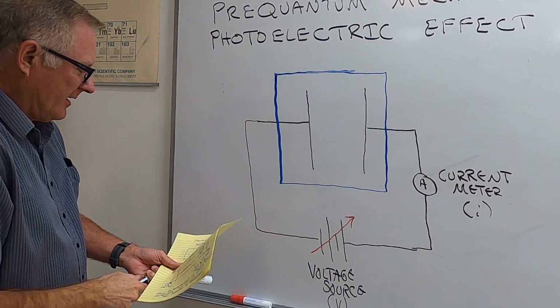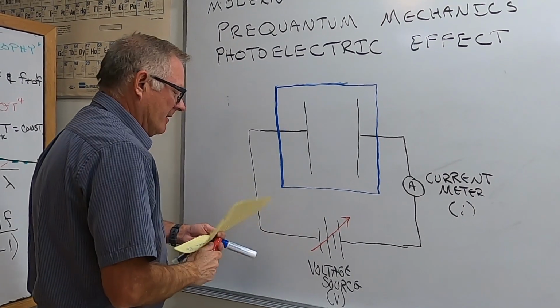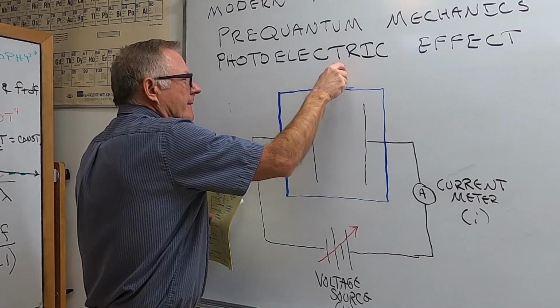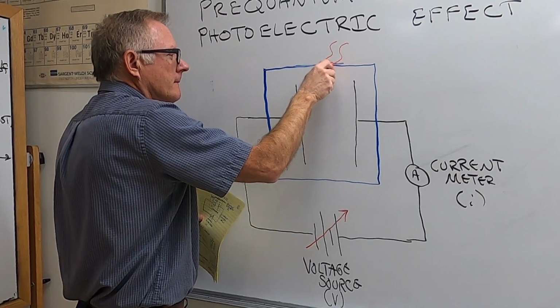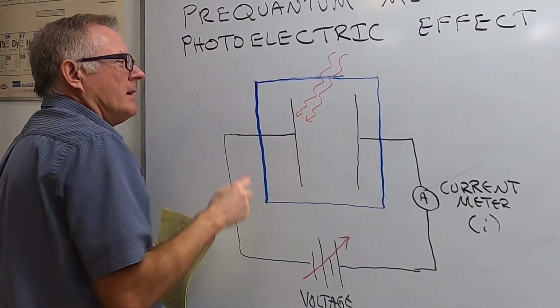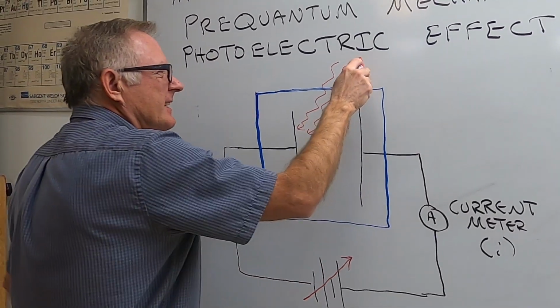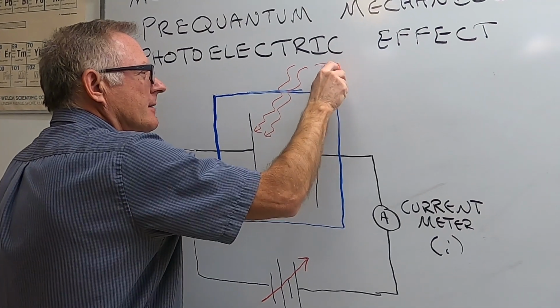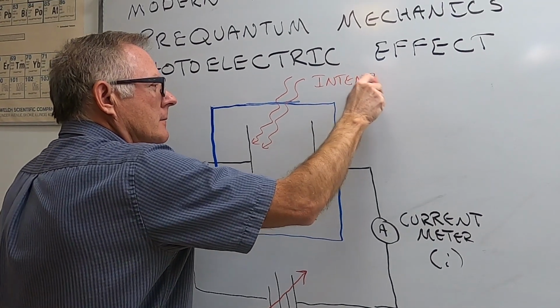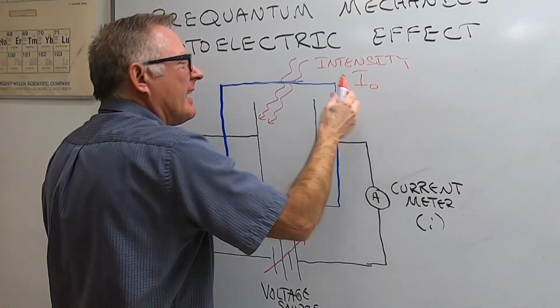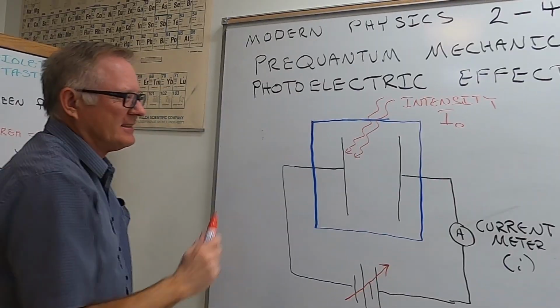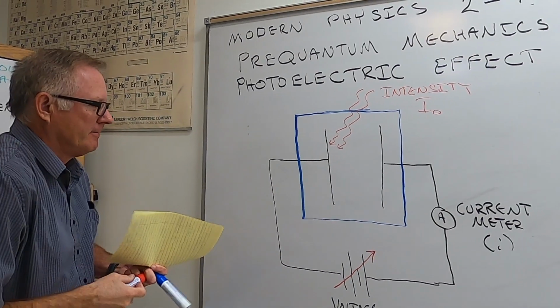So what are we going to do? We're going to send some light onto this plate right there. And that light is going to have a certain intensity. We'll call it I naught. And I can vary that too, the brightness. That's just the brightness of the light.